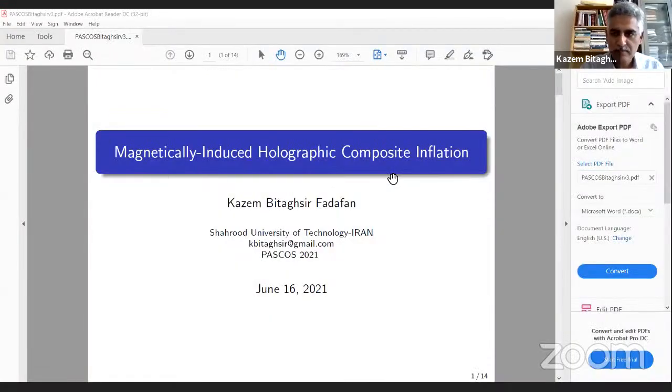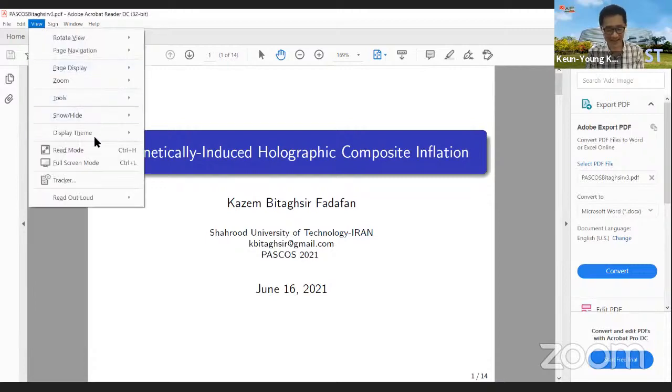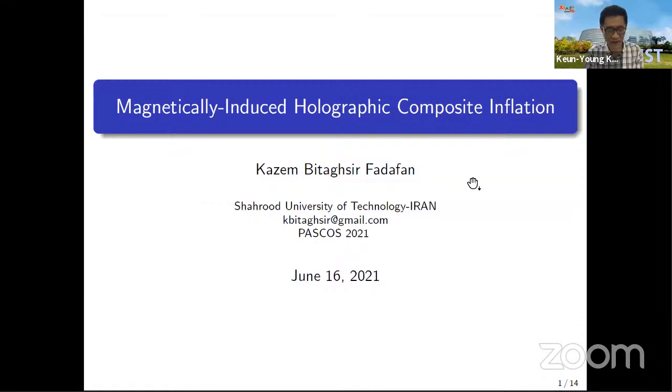Let me share my screen. Okay, so our next speaker is Dr. Kazem Bitaghsir Fadafan, and he's going to talk about the magnetically induced holographic composite inflation. Okay, thank you. Okay, very good.